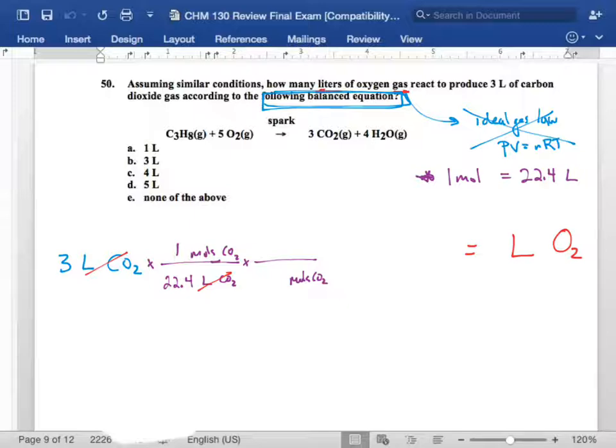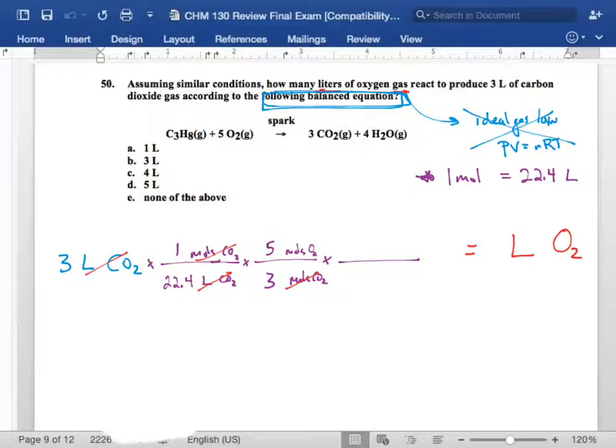What can I convert to? I can use the mole-to-mole ratio, moles of O2. What's my mole-to-mole ratio? Where's that information found? In the balanced equation, what number shows up in front of moles of O2? 5. What number shows up in front of moles of CO2? 3. The moles of CO2 cancels.